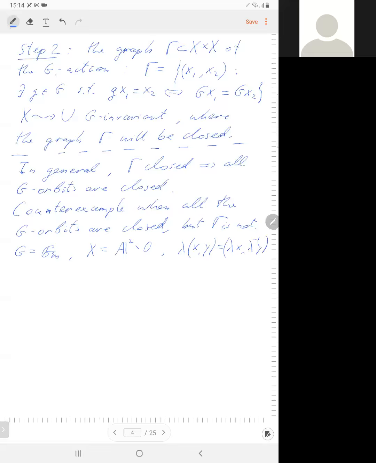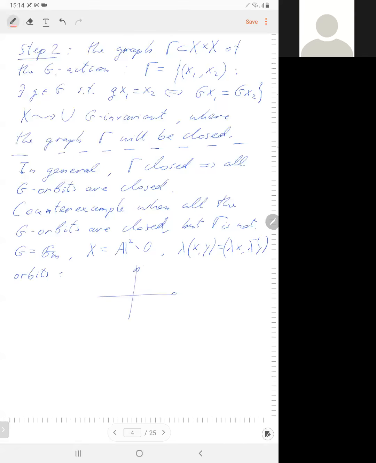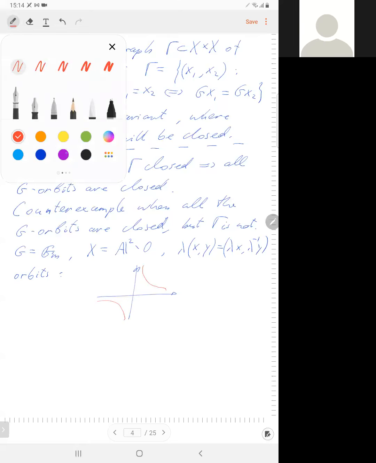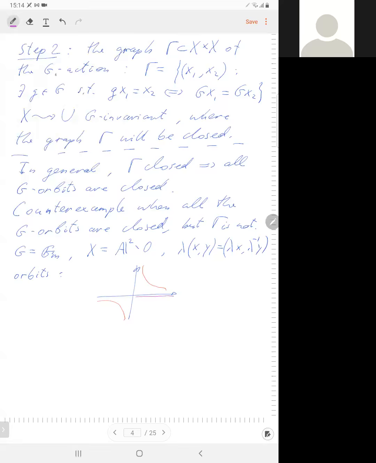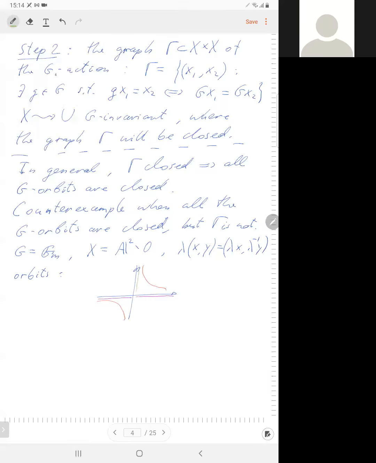So the orbits are the hyperbolas like this, and also the punctured lines, and also the vertical punctured line.